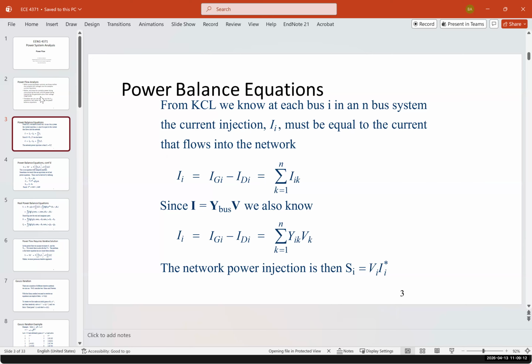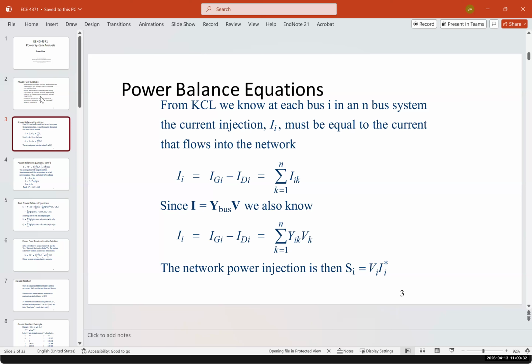In an N-bus system, the current injection Ii must be equal to the current that flows into the network. And as you may recall, Ii is equal to IGi minus IDi. IGi is our generator, and IDi is the load.